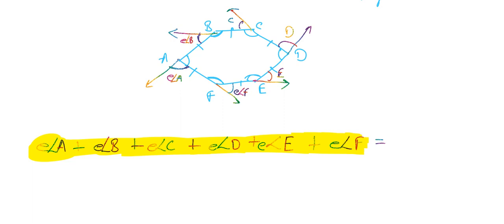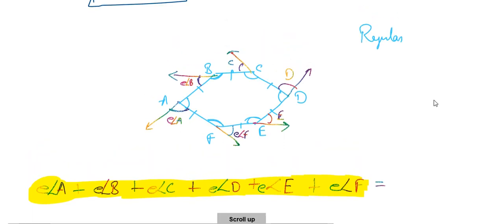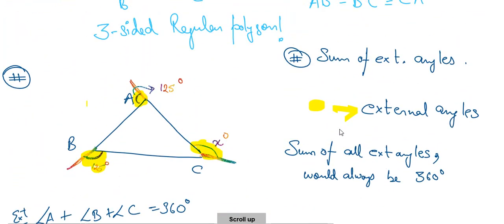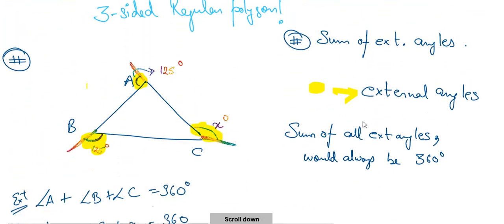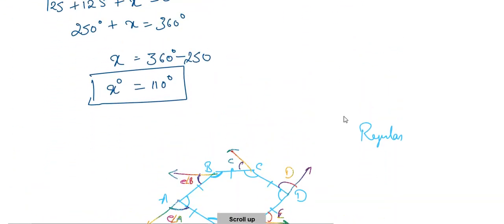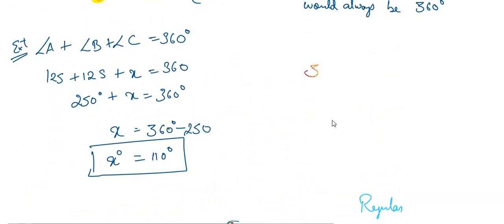Can you just guess? I have just summed up all my external angles. That was the property, right? The sum of all the external angles of any closed polygon would always be the same. Let it be three-sided, four-sided, five-sided, or 37-sided, it won't matter since we are considering all the external angles.